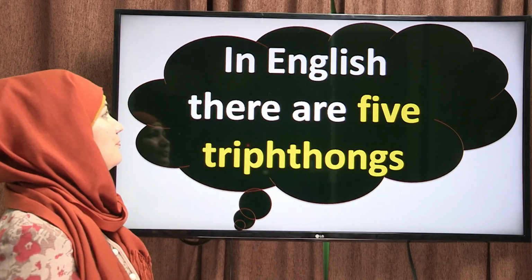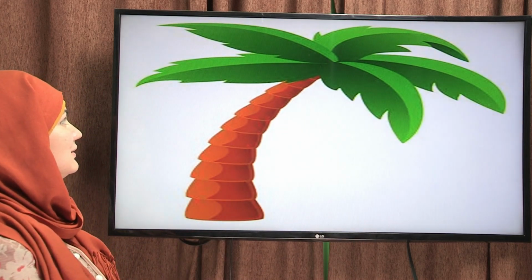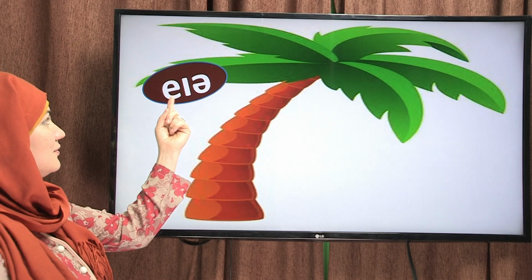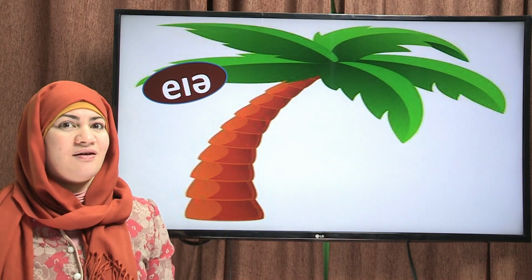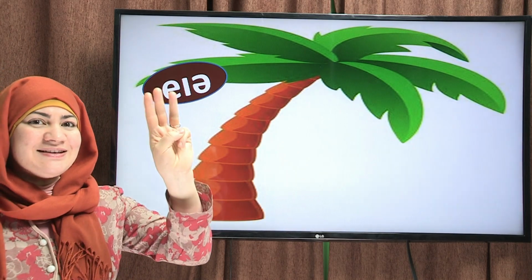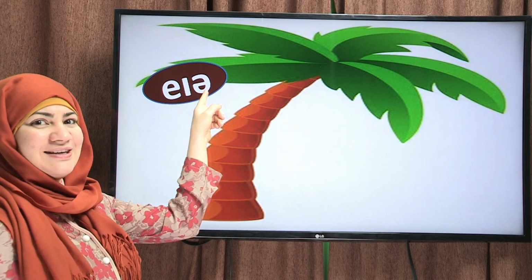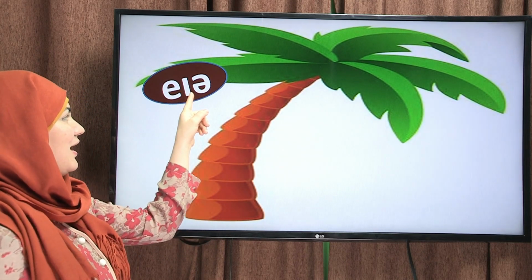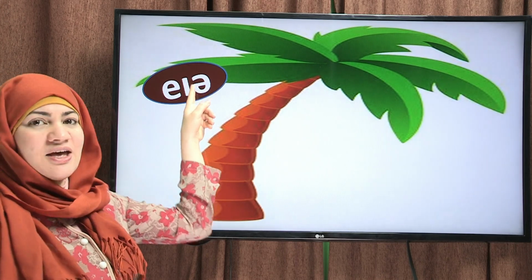We start. Here is the first one. This is a triphthong: 3 vowel sounds, 1, 2, 3. E, I, A, the final one we call a schwa.